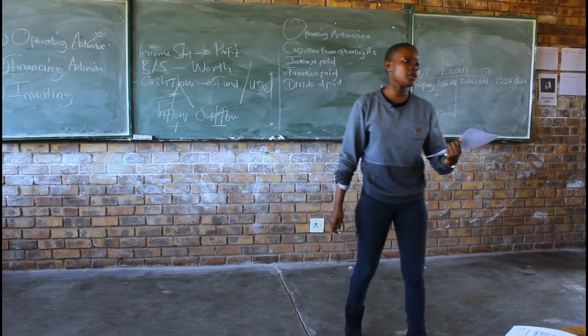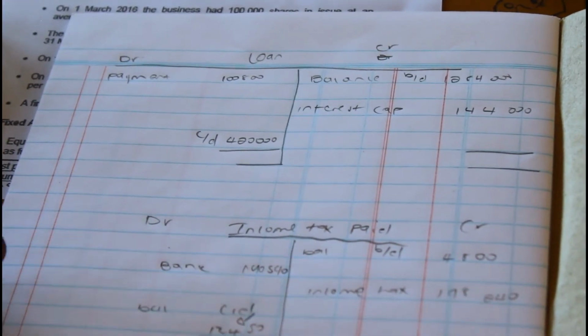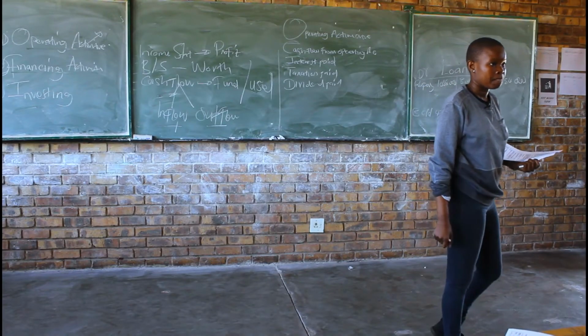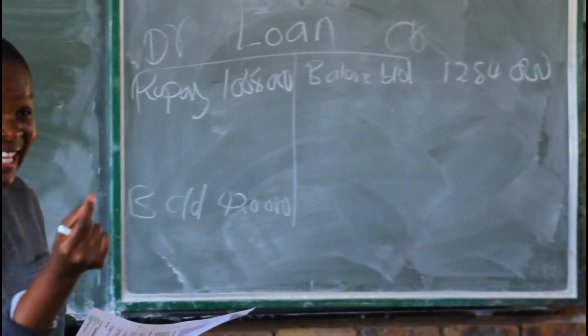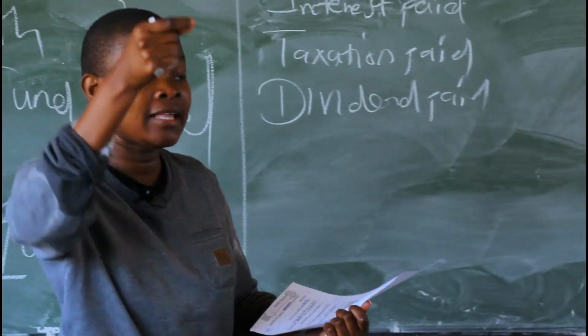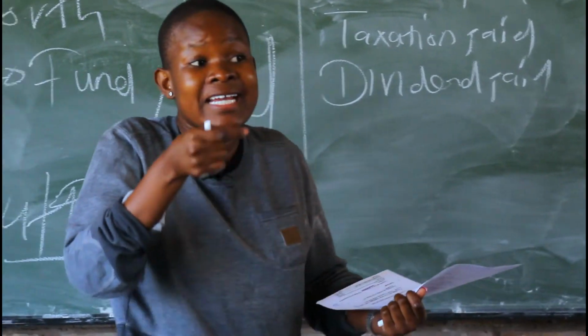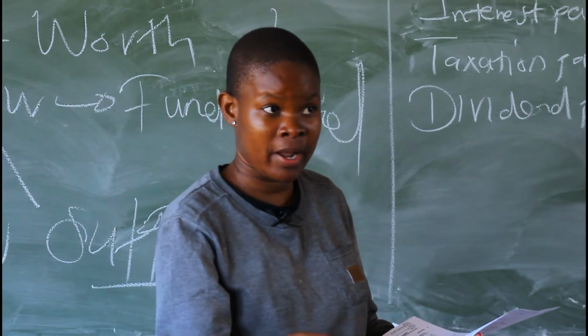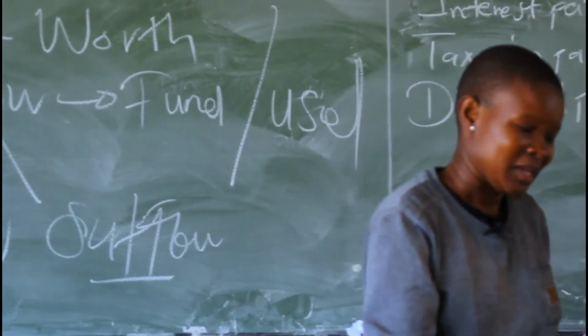What they are trying to tell you is that when a person pays, there is interest that is also added. If I may tell you, the interest capitalized increases the balance of the loan. So if it increases the balance of a loan, where am I recording it? Good.